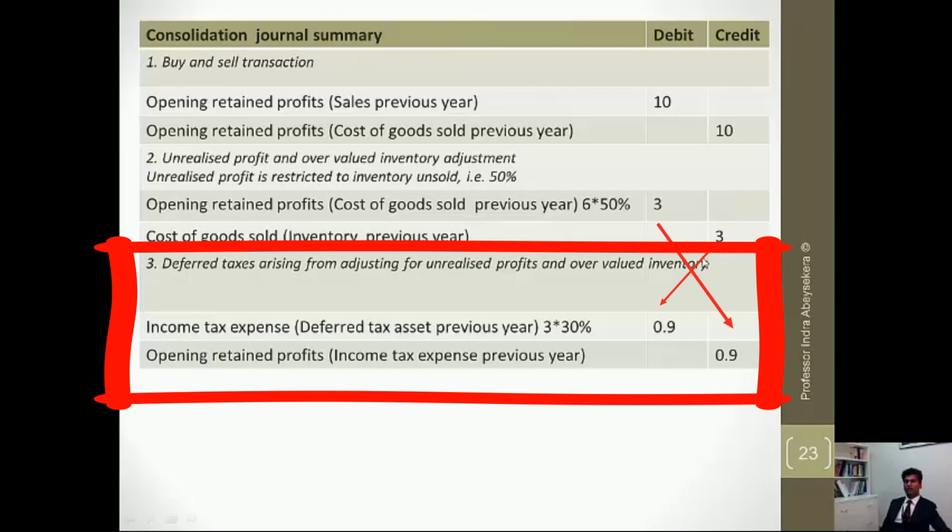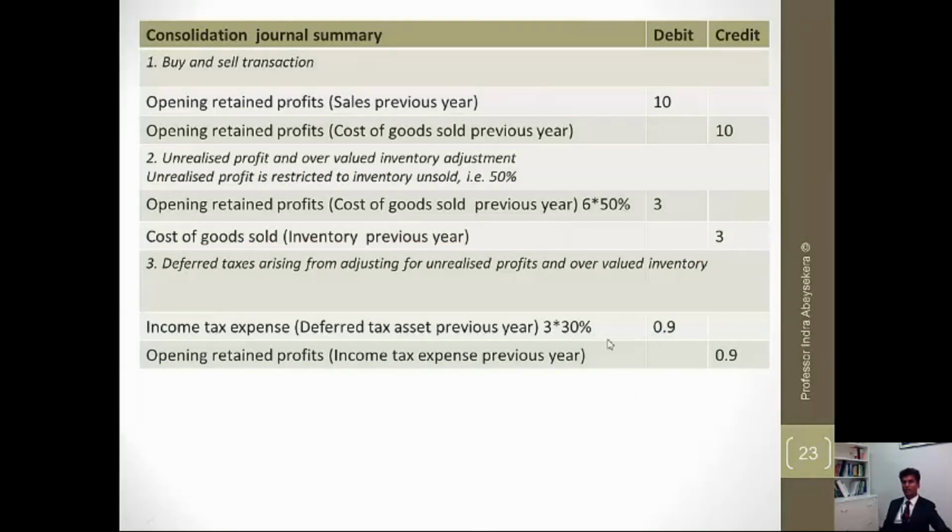If you are decreasing cost, profit increases, income tax expense increases, 30% of 3 is 0.9. In fact, if we think in another way, when the asset became cost of goods sold, the deferred taxes also become income tax expenses.